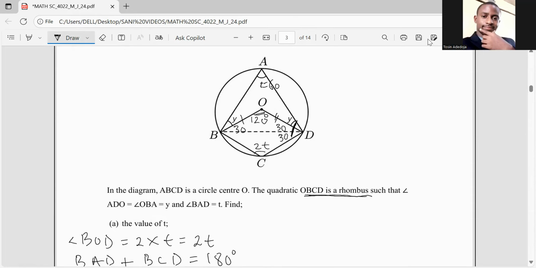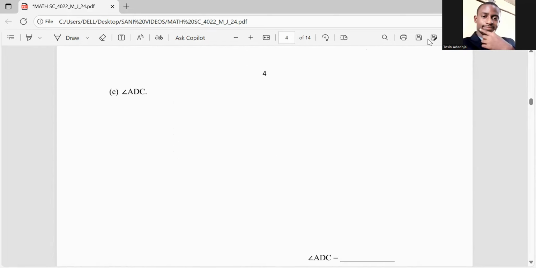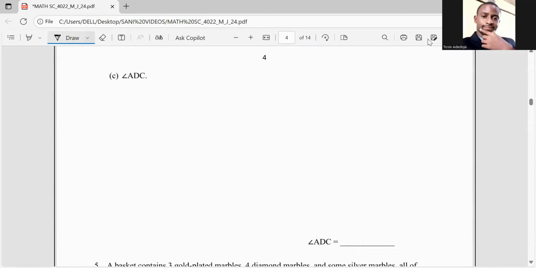And remember that we got our y as 30 degrees also. So ADC equals 30 degrees plus 30 degrees plus 30 degrees. So therefore our ADC is 90 degrees.